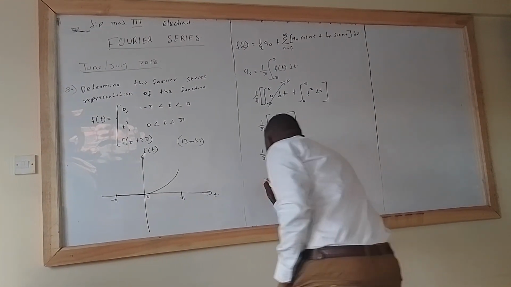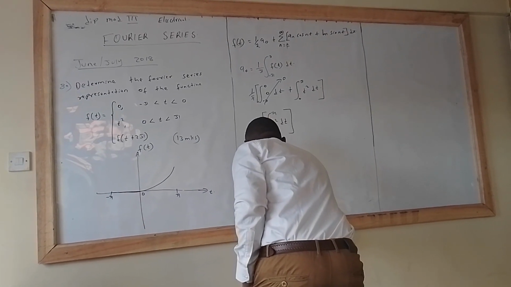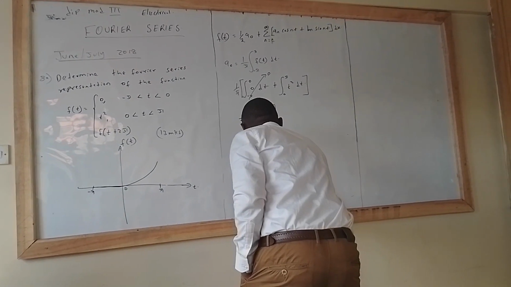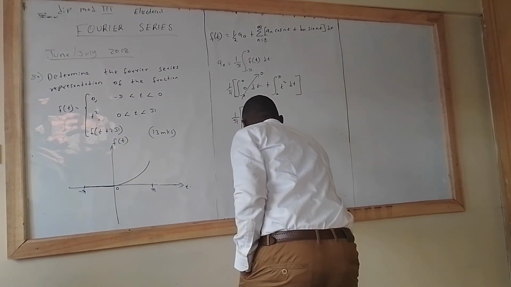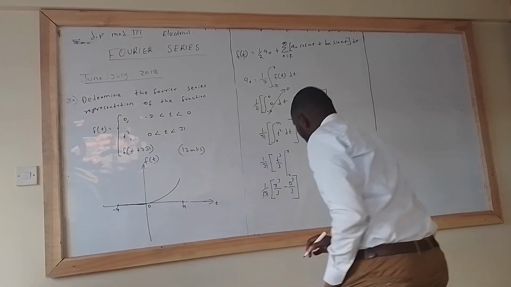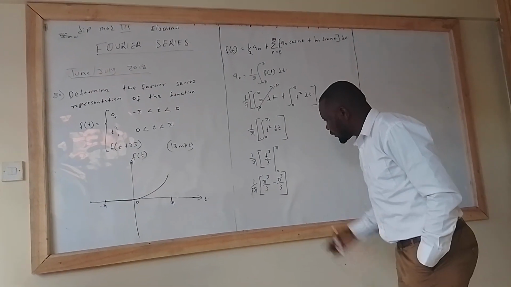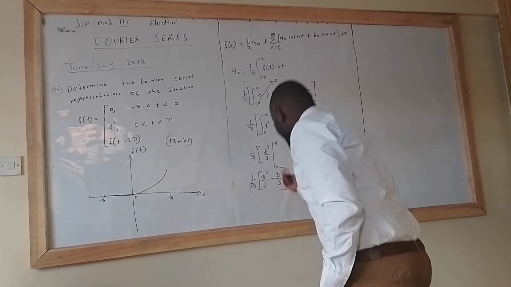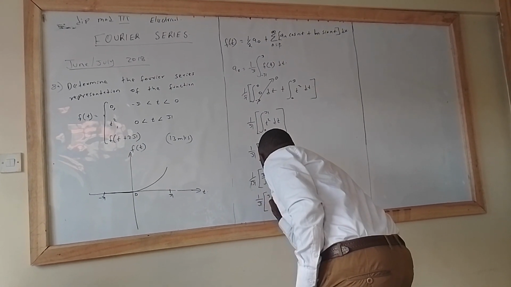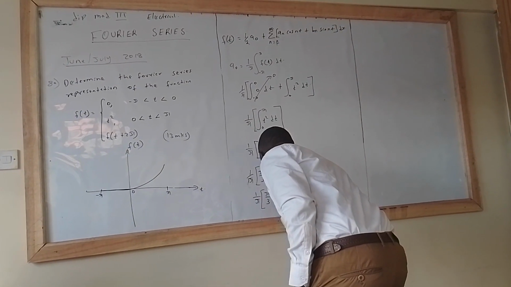So I have 1 over pi, open the bracket, pi power 3 divided by 3, minus 0 power 3 divided by 3. Of course, this one is just 0. So I have 1 over pi, open the bracket, pi cubed divided by 3.